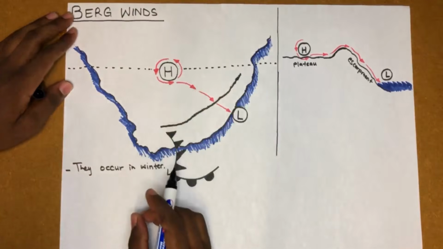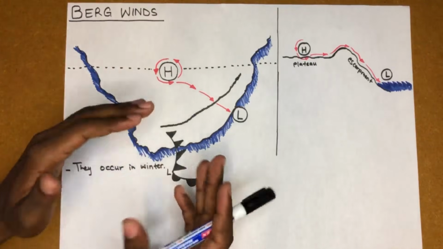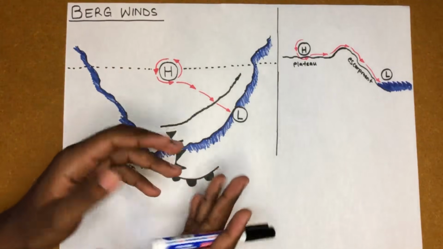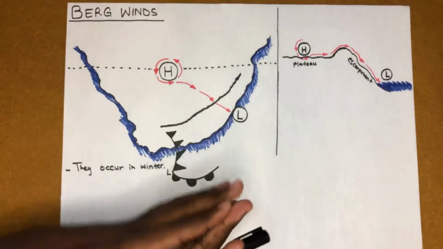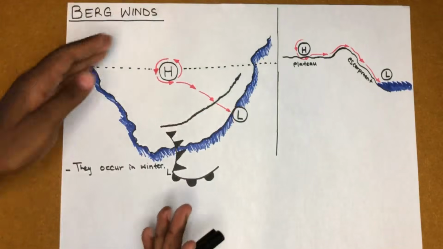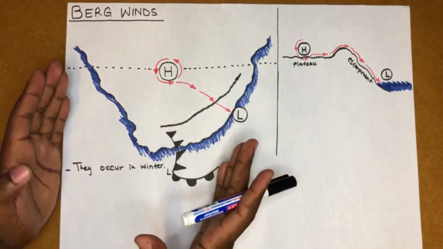That is why it's winter, because in winter in the southern hemisphere, the equator is far from us, specifically the interior of South Africa.